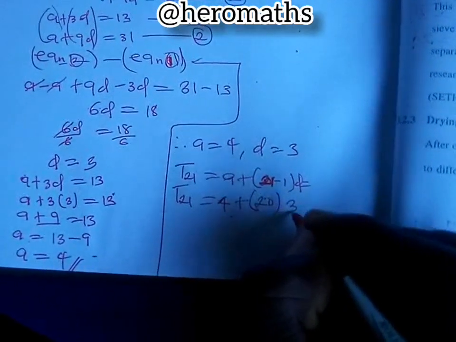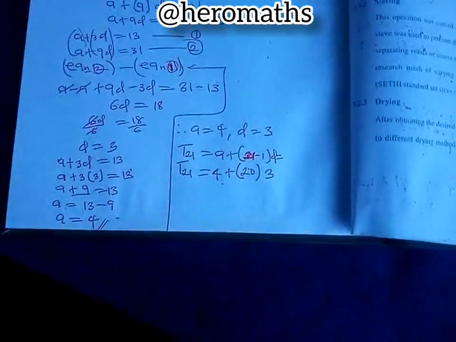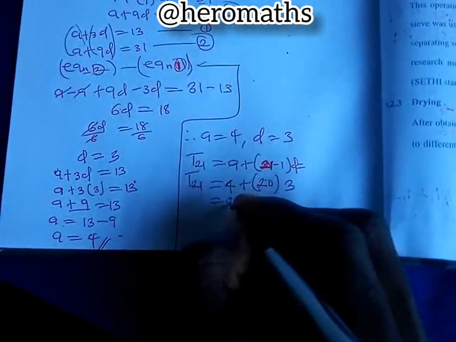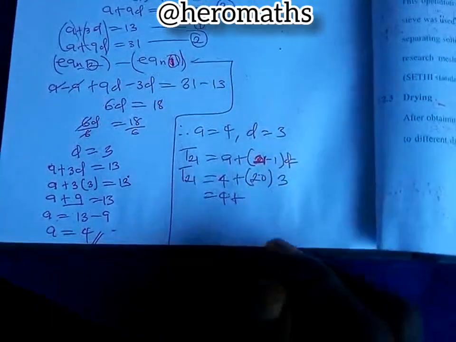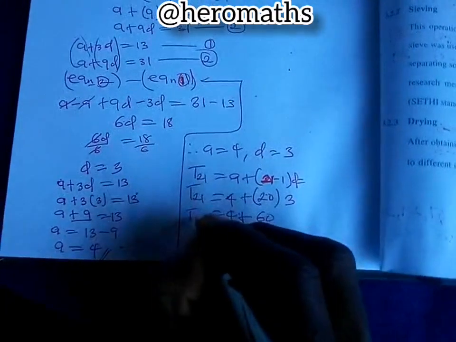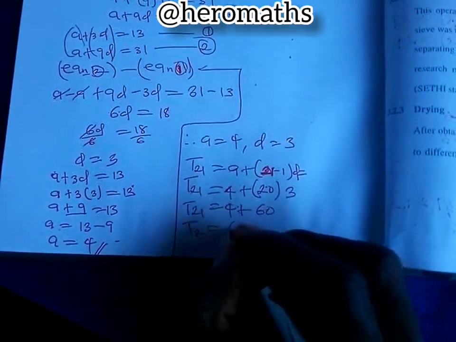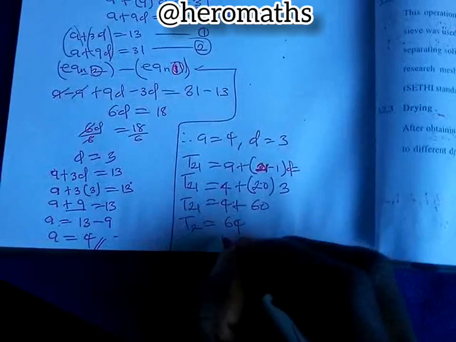Put in the value of d, which is 3. Let us solve for that. 4 plus 20 times 3, that will give us 60. Then T21 will be equal to 4 plus 60, which gives us 64.